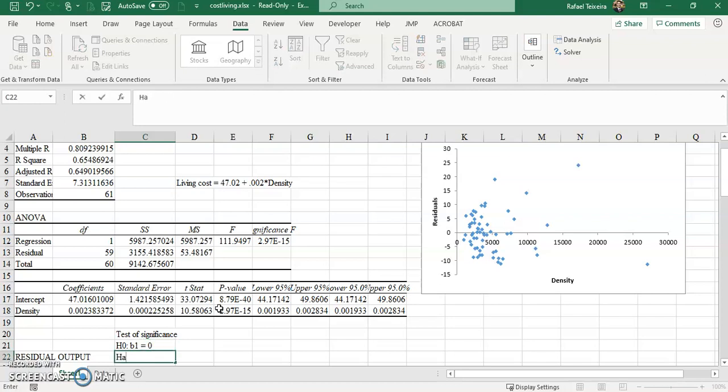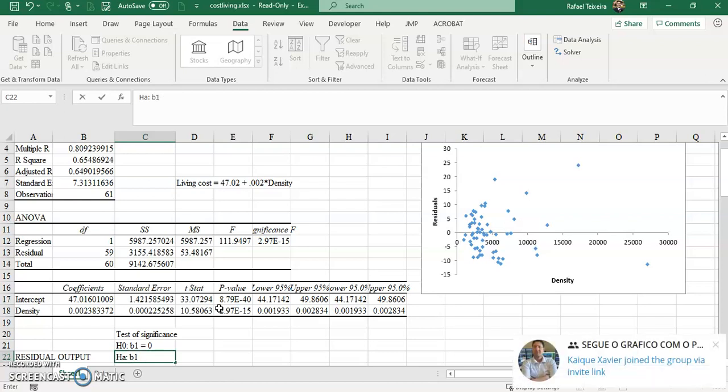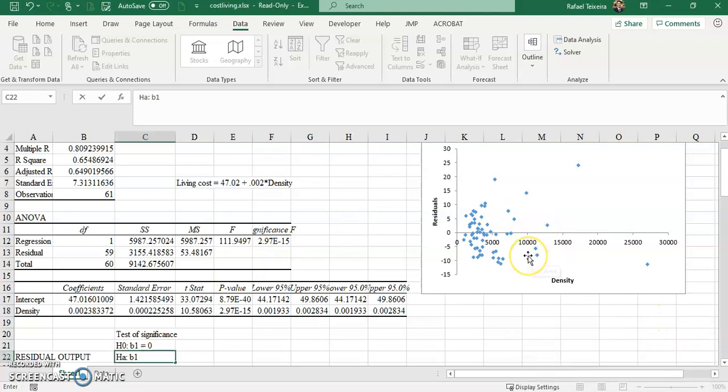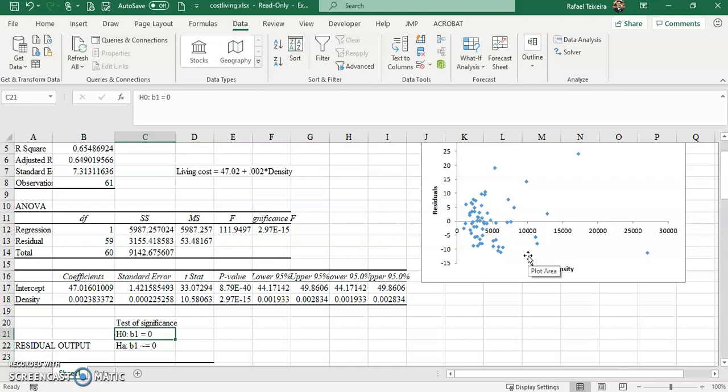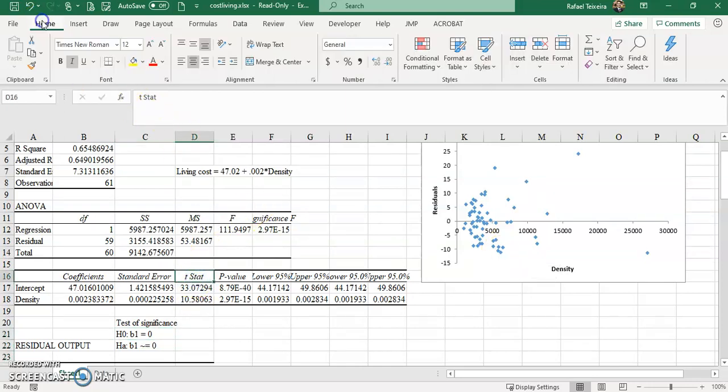My alternative hypothesis is that B1 is different than 0. So where is my test of significance? It is given by this t statistic. This t statistic is very high, and then I have to look at the p-value. The p-value is very small. I can turn that into a number, and I see that this is smaller than 0.05.